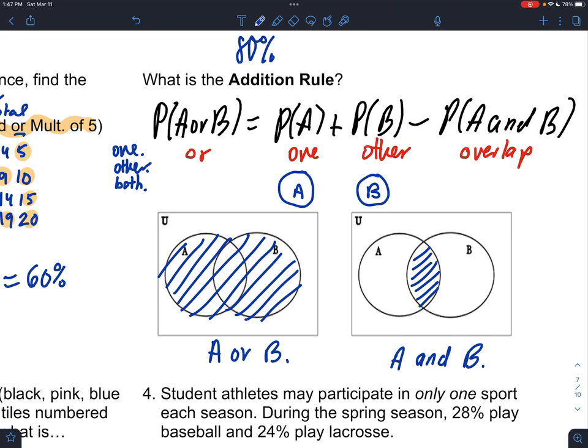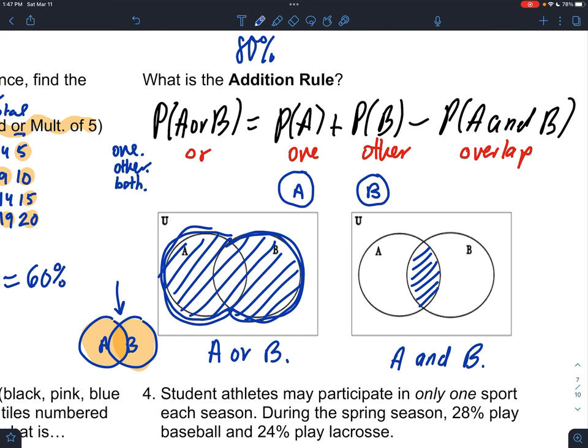You can think, okay, we have the A circle, we have the B circle, but if you were to draw those, bear with me here, if you were to draw an A circle, and then you were to draw a B circle, but if they have overlap, you can see that this area in the middle is double counted.